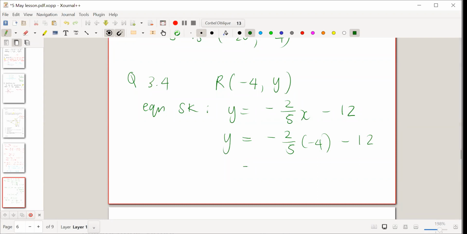What do we then get? So this is positive 8/5 minus 12. Okay, and then if we simplify this, we could write it as a proper fraction of -52/5.